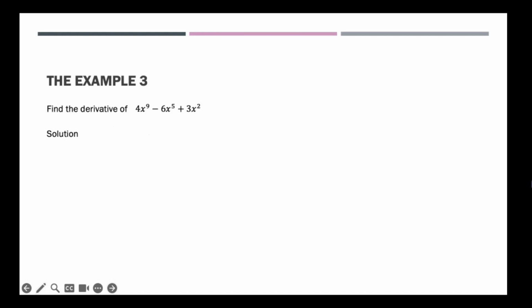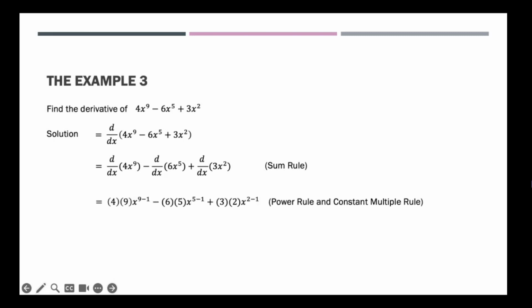The solution is to use the sum rule to separate each function, and then use the other rules, like the power rule to find the derivative of powers, and the constant multiple rule to pull out the constant. And then this is the result: 36 times x to the power 8 minus 30 times x to the power 4 plus 6x.